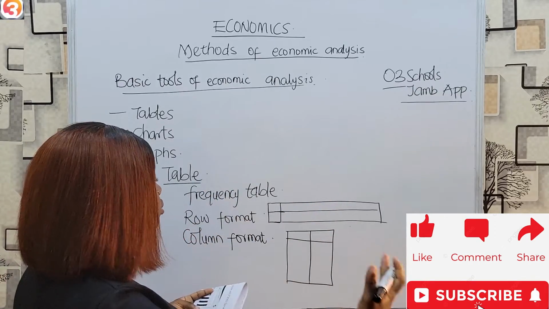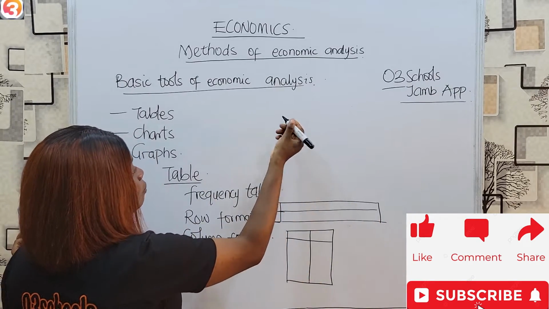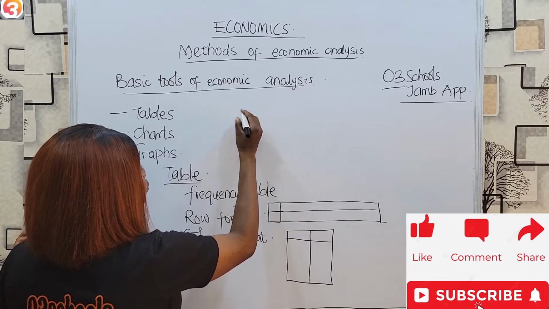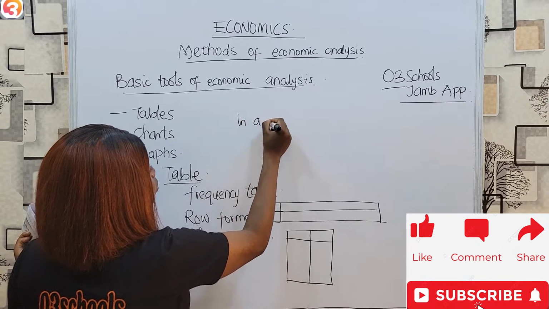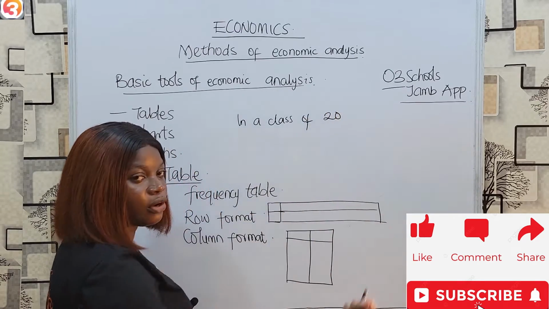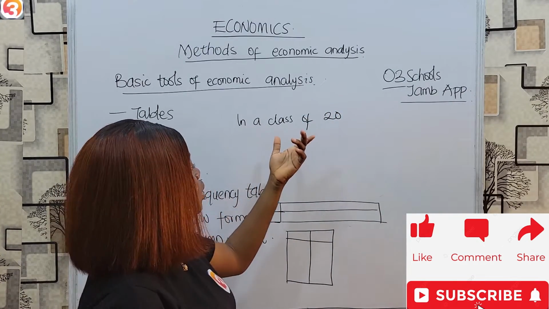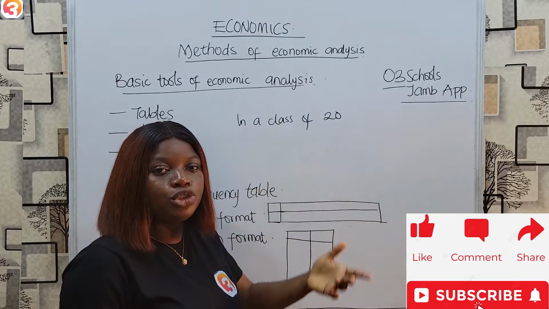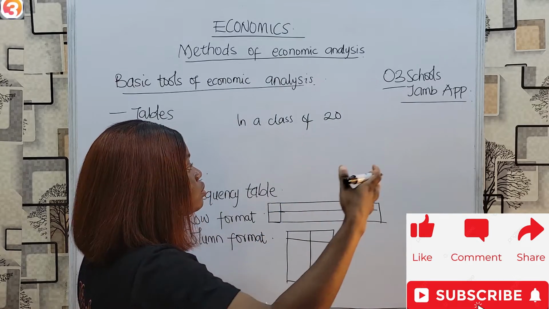For example, now let's look at this data. Let's say in a class of 20 or thereabouts, we want to look at the distribution of fruits that students like.